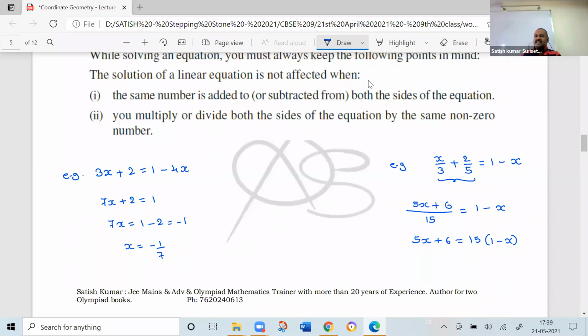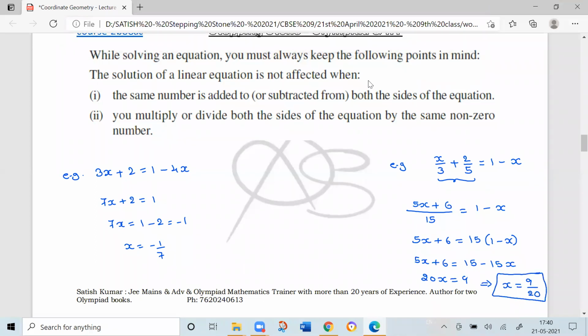Otherwise, there is a chance you will multiply 15 with only one term rather than both terms. So 5x plus 6 equal to 15 minus 15x. Now take 15x to the left side. So 20x equal to 15 minus 6, which is 9. So x equal to 9 by 20. I think both of you got the same answer. Yes, sir. Good.